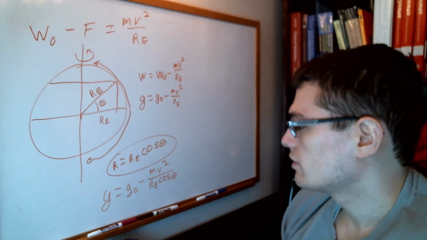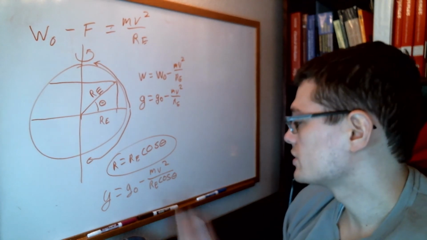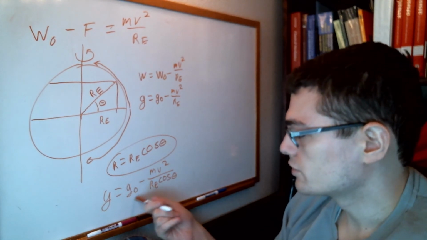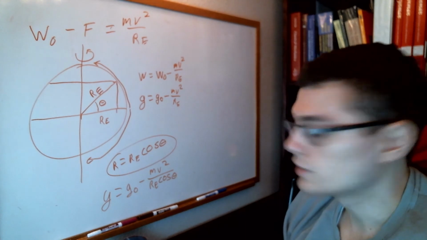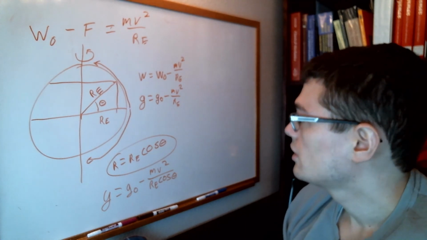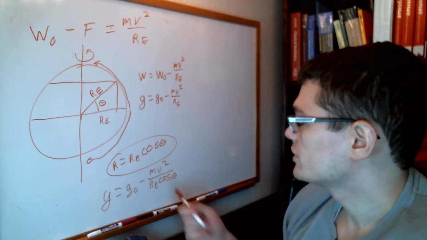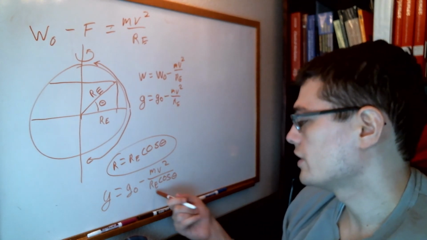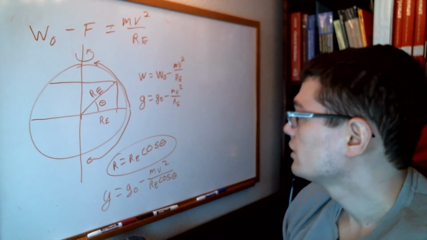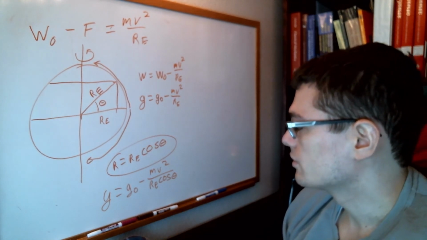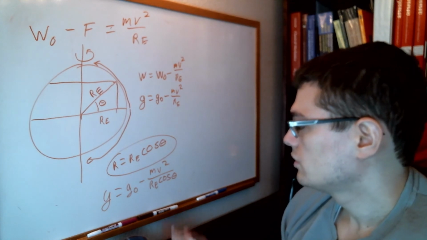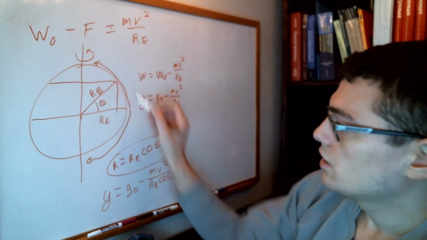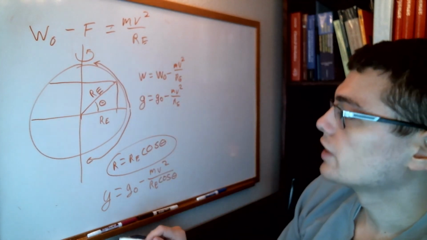But as we take the limit, this entire term will go to zero, and you're just left with your value for gravity. And when theta is equal to zero, we just get R_E, and so you'll get your value of R at the equator. This can be used for any values of theta in between these two.